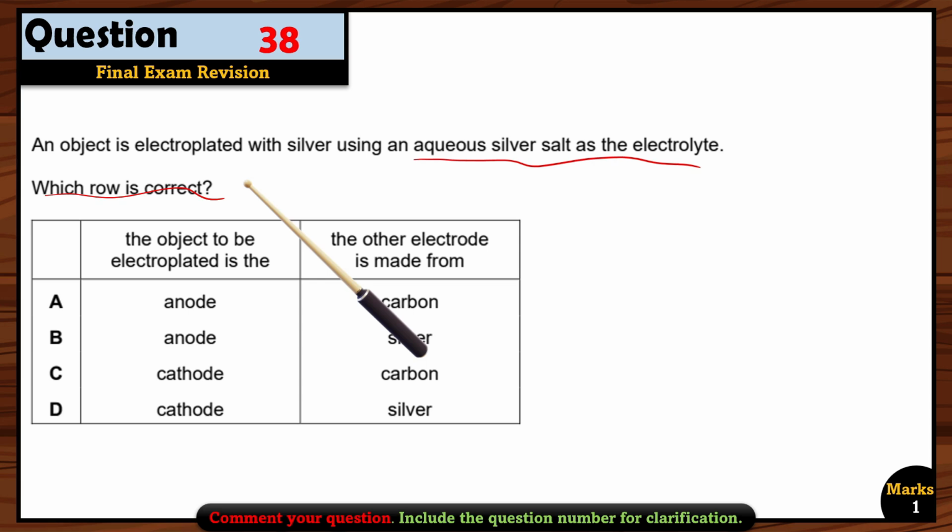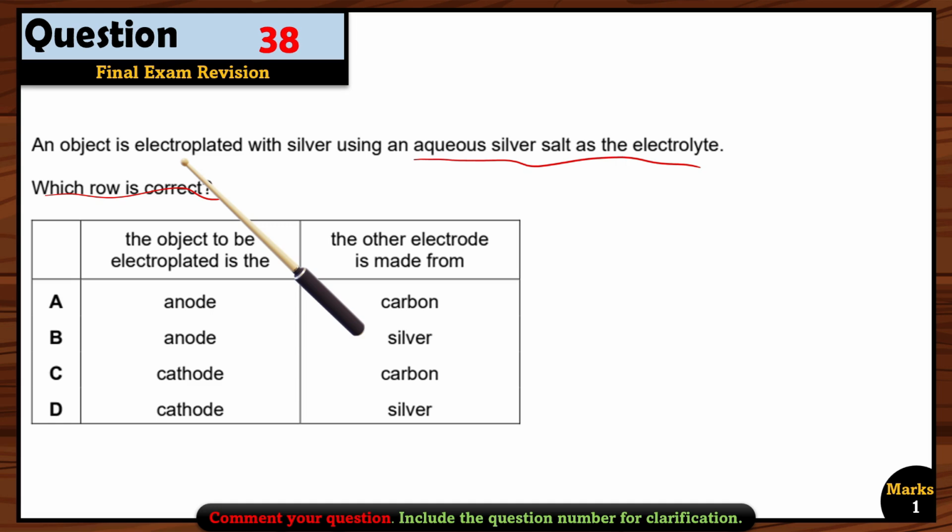the cathode will always be made up of an object that you want to electroplate. Here an object is electroplated, so it means your object should be at the cathode, because you have to electroplate an object. This object can be anything. And any metal you want to deposit should be at the anode, because usually the anode will be oxidized, it will change into ions, it will get dissolved.